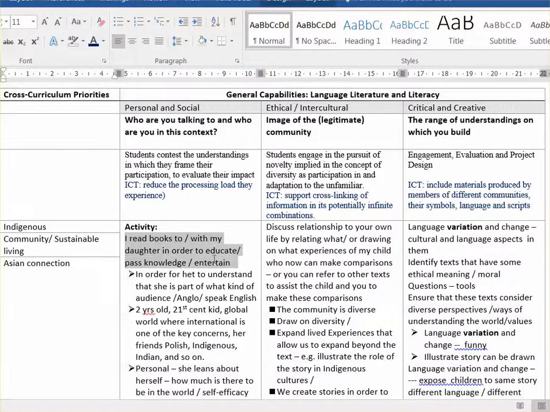They came up with this activity, which is I read books to my daughter, and they decided that we will put it here under personal and social because it is about engaging with a child, and maybe it's about community as well, so just put it here.